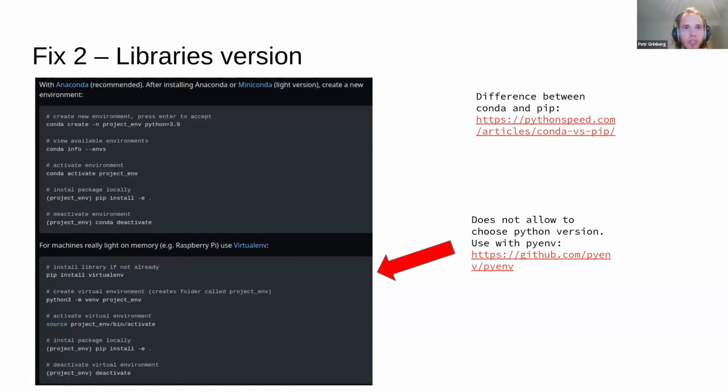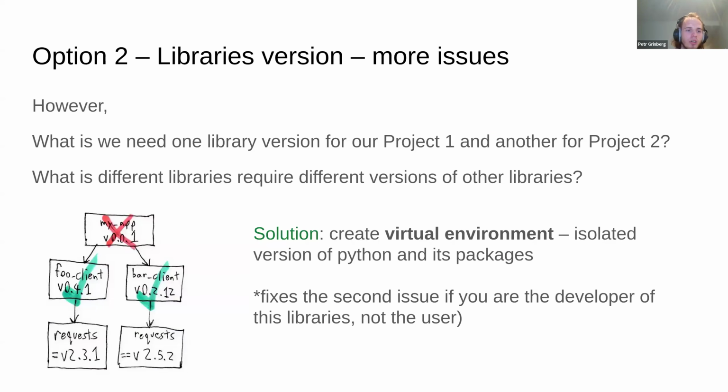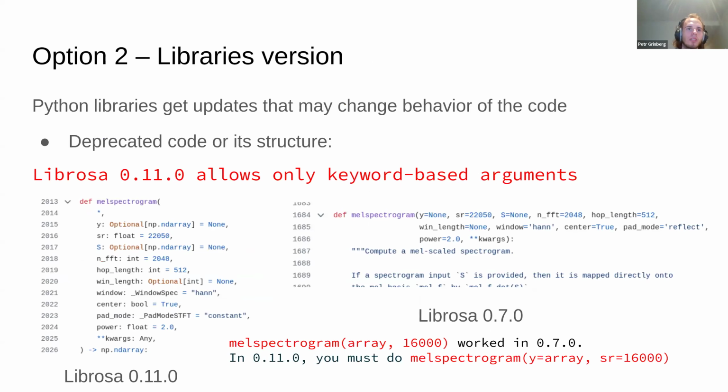Why do we need to do this? Can you repeat, please? So imagine in one project you use librosa 0.7.0 and in another you use 0.11. You cannot have both versions inside your Python environment. You can either have 11 or 7, but you want to use the same Python to run project number 1 and project number 2.